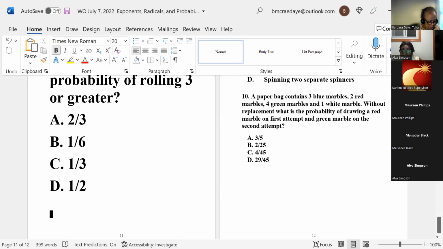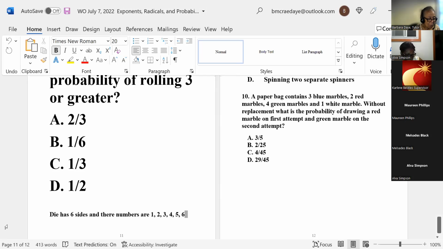So a die has 6 sides, and their numbers are 1, 2, 3, 4, 5, 6.